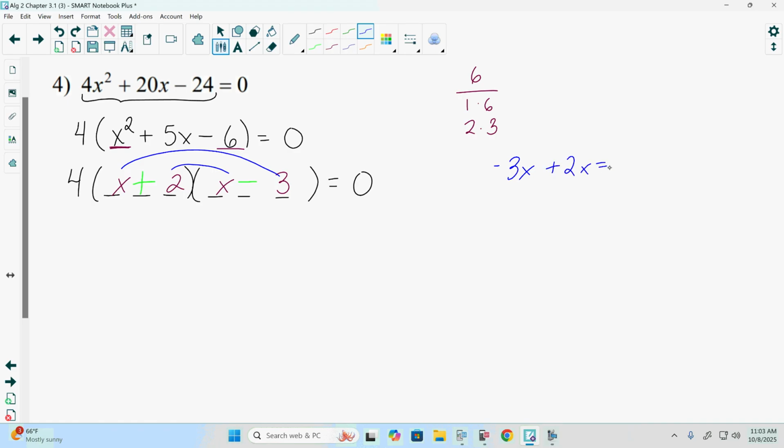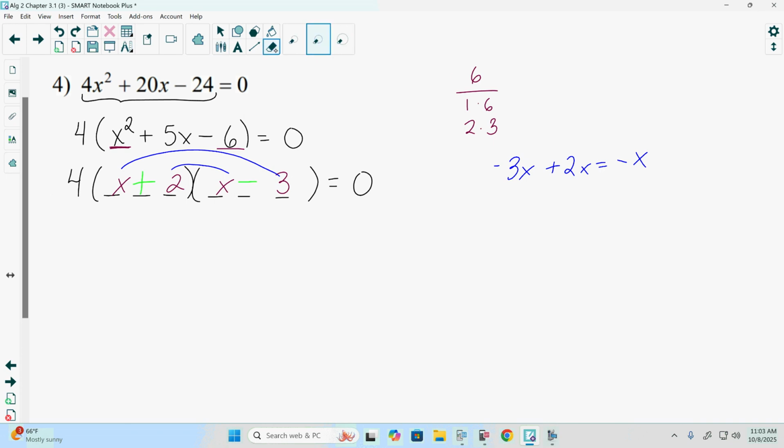And negative 3x plus 2x is negative 1x. If you do struggle with the negatives and positives, again, we can't type negative 3x plus 2x in the calculator, but we can type in negative 3 plus 2, because that's really what we're doing. And we get negative 1.